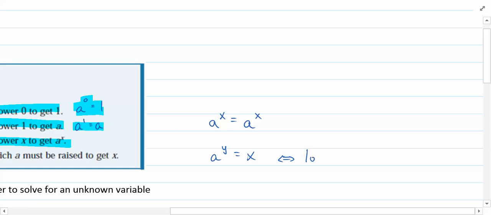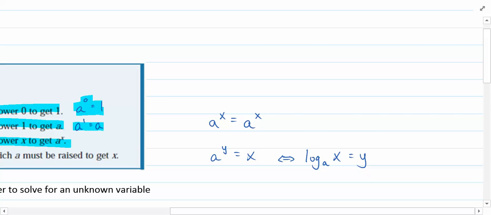So logarithm with a base of a of x must be equal to y. And again, we know this: a raised to the y power is equal to x. And this is how I can rewrite it as a logarithm.